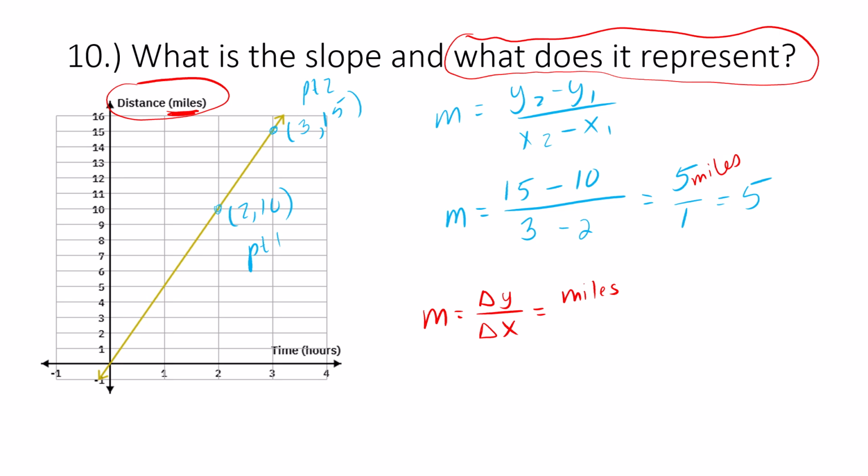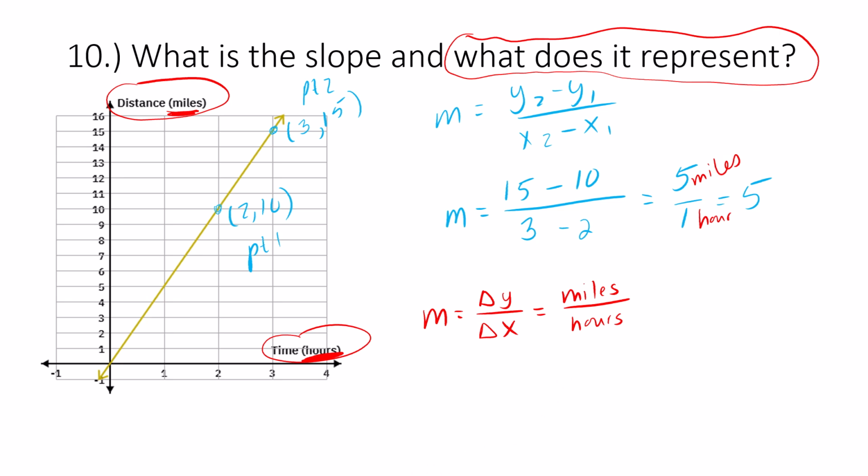On your x-axis, you have time measured in hours. And so you have 3 hours minus 2 hours, but the unit on that is hours. The unit on the answer comes directly out of the slope formula. We are dealing with miles on the y-axis and time on the x-axis.